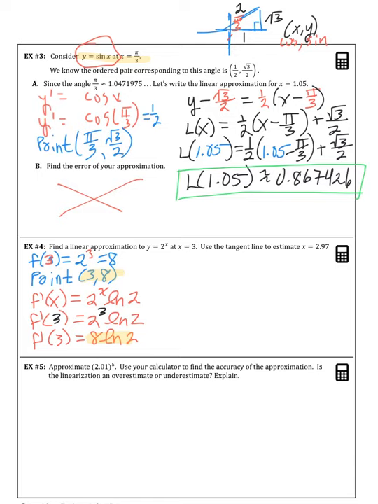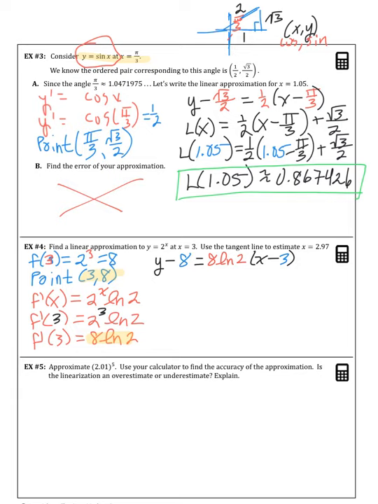So y minus, my y value is 8, equals, our slope is 8 natural log of 2, so I'm using that point slope form, times x minus, and my x value is 3.